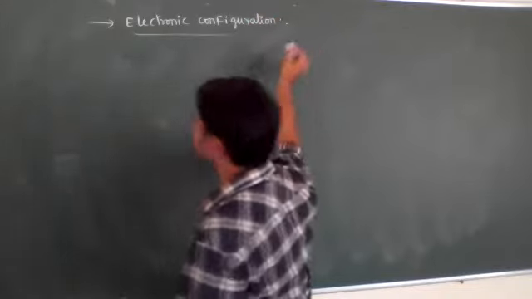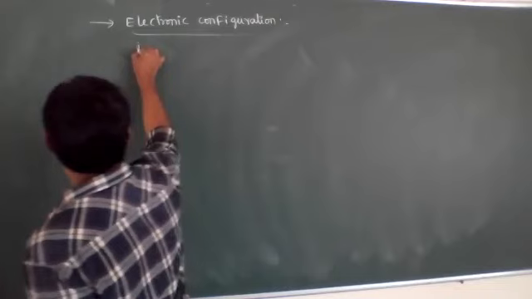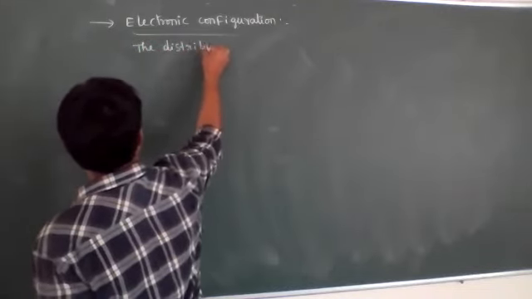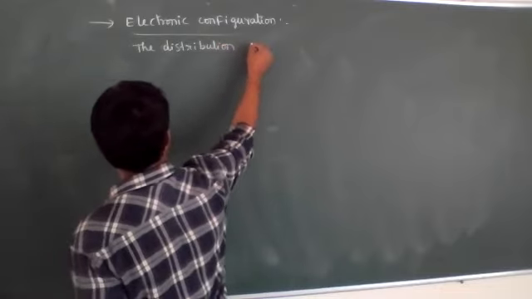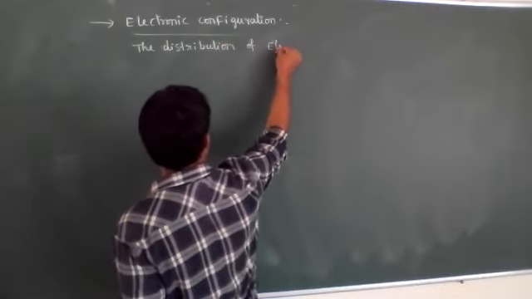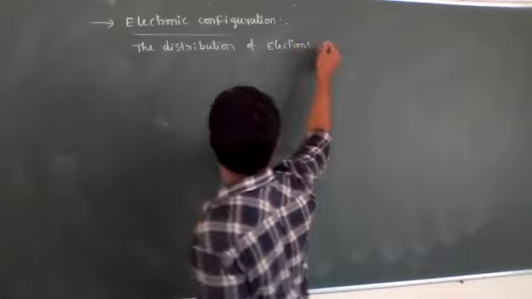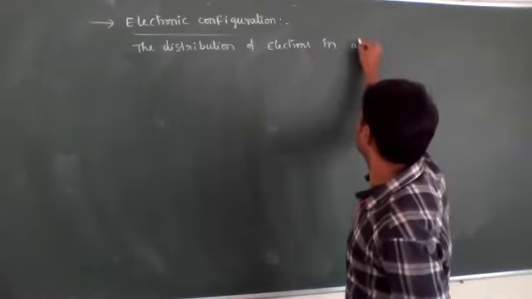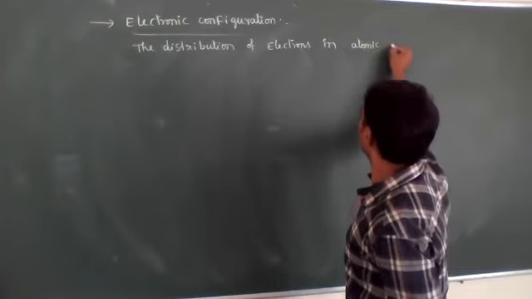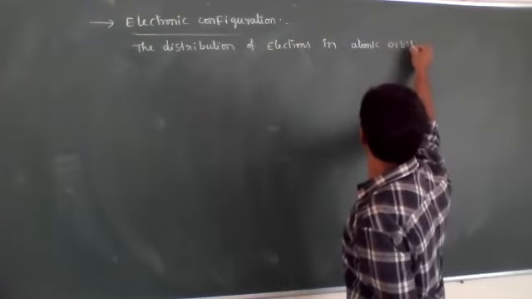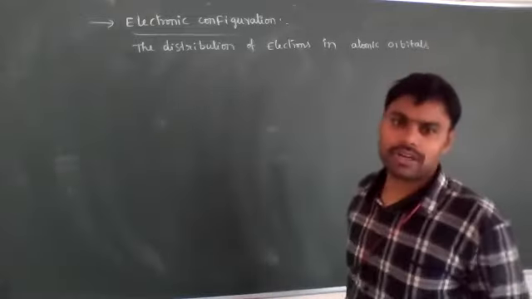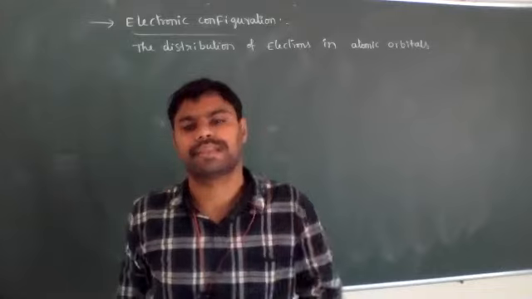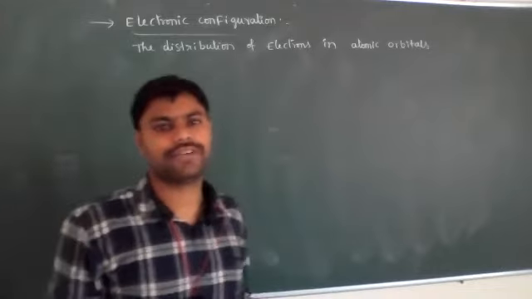Electronic configuration is nothing but the distribution of electrons in various atomic orbitals. The distribution of electrons in atomic orbitals is known as electronic configuration. There are certain rules for this, and those are called electronic configuration rules.